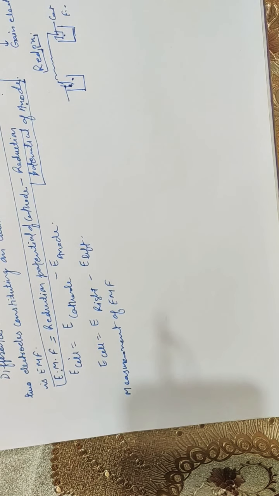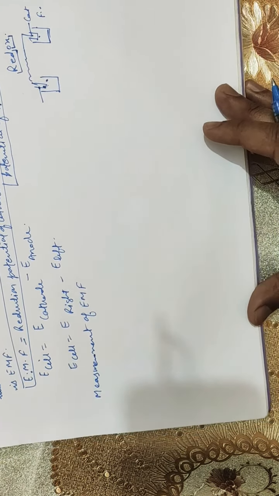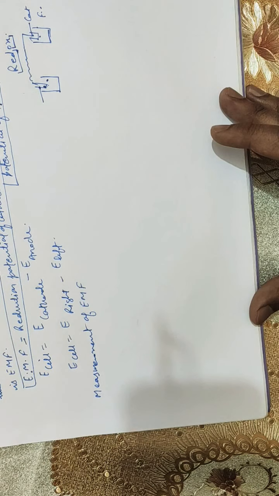Next are the reversible and irreversible cells. To establish the thermodynamic relation between the energy of a chemical reaction taking place in an electrochemical or galvanic cell and the electrical energy produced by it, the cell must work in a thermodynamically reversible manner.